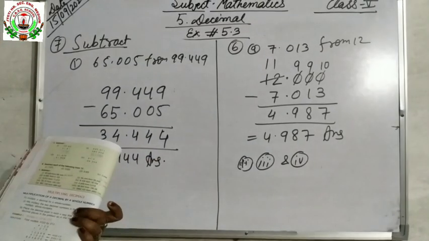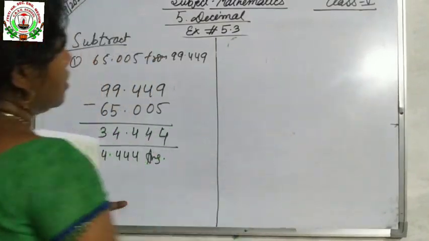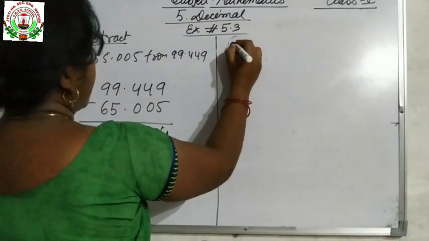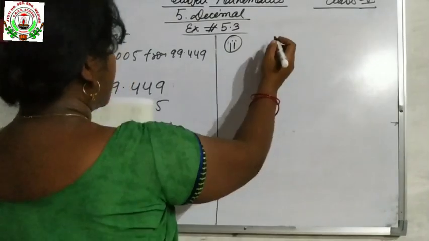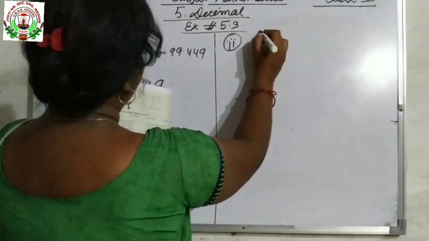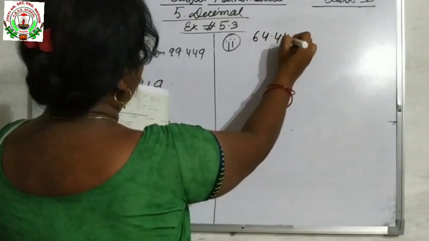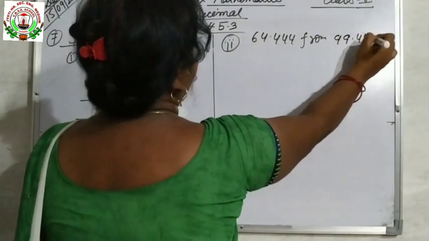Understood? Question number 2 it is. Next. It is very easy. Only addition and subtraction is there. You will be careful about writing the numbers and putting the decimal. Question 2 is 64.444 from 99.449.